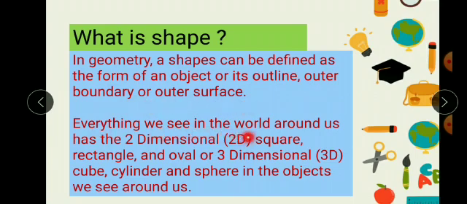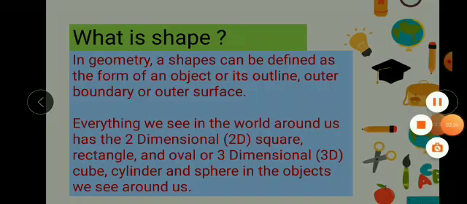Everything we see in the world around us has a two-dimensional or 2D form, like square, rectangle and oval, or a three-dimensional, it means 3D, form like cube, cylinder and sphere. Now I am going to tell you about 2D shapes and 3D shapes one by one. I am going to explain 2D shapes or plane shapes.